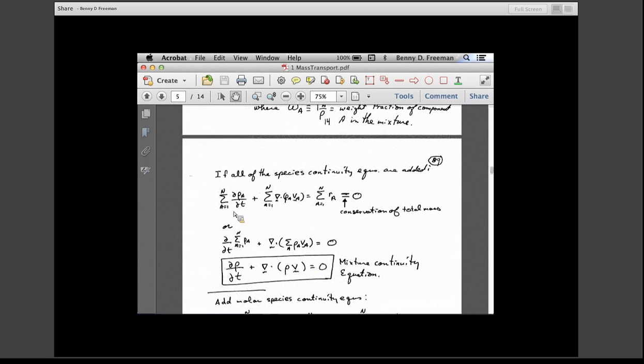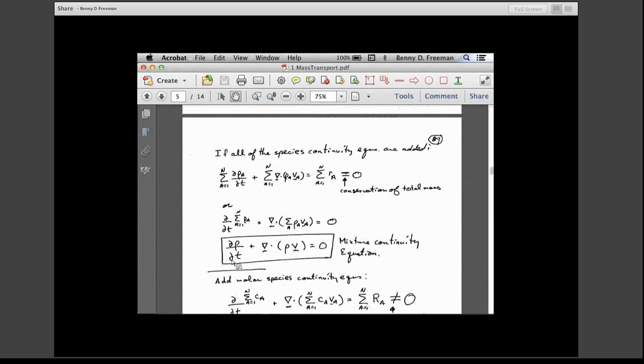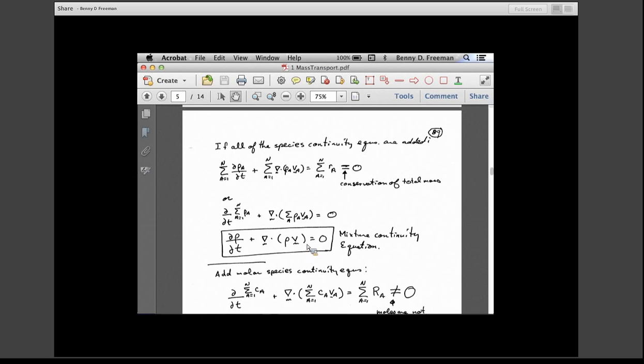We summed all of the species continuity equations to get an overall mixture continuity equation, and this is the equation that you probably have first seen in fluid mechanics as the so-called continuity equation. And this is to show you how to get to that result from the mass transfer point of view.